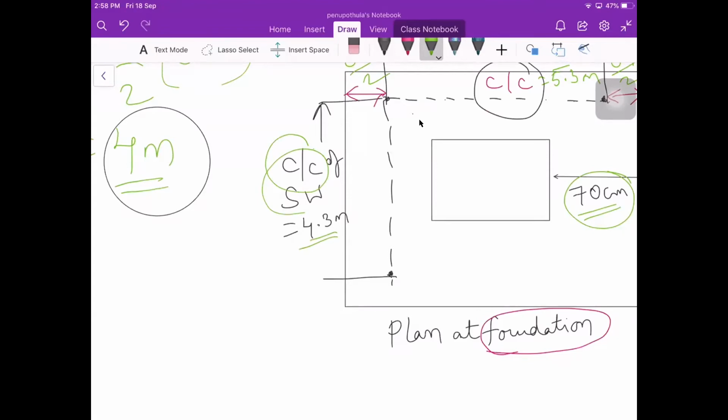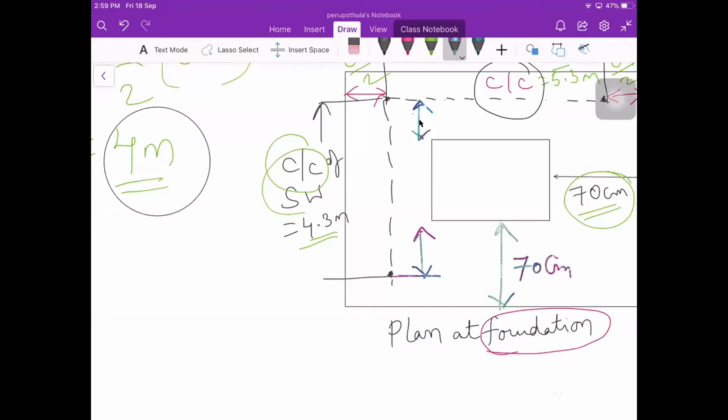In to in length of the short wall is the center to center line length minus half width on one side minus half width on the other side. So we need to deduct this portion and this portion. We know the width here is 70 centimeters.